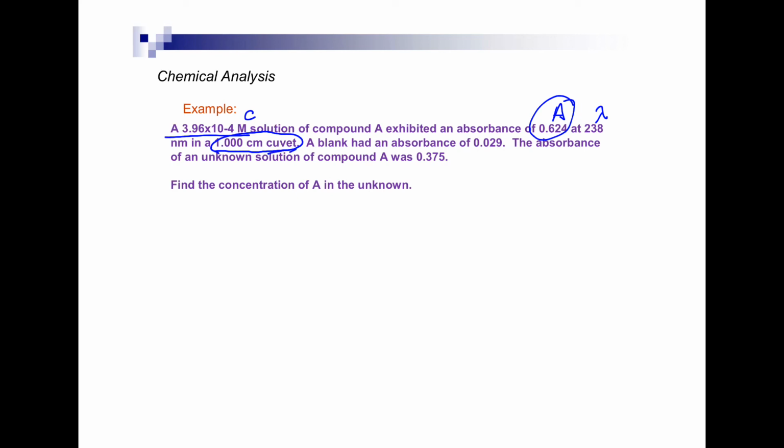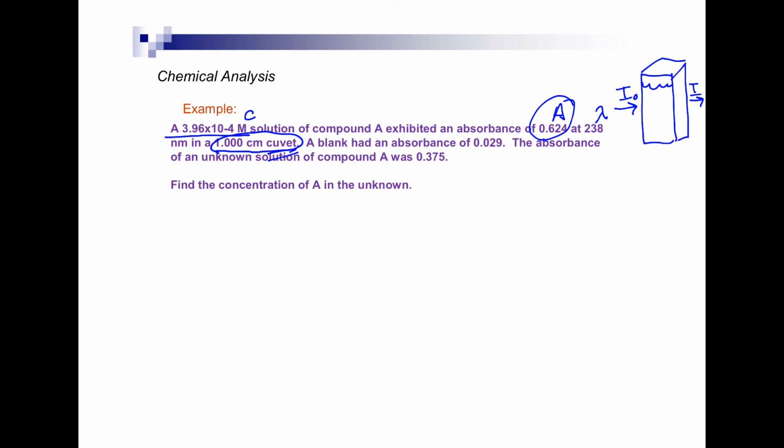That word cuvette, if you haven't heard that before, a cuvette is usually a small glass or quartz container. They are rectangular in shape like this, and you fill them with your solution, and then you shine your light in one side and the light comes out the other, and an instrument called a spectrometer records the intensity of light going in and the intensity of light going out.